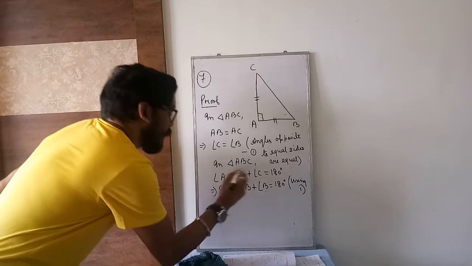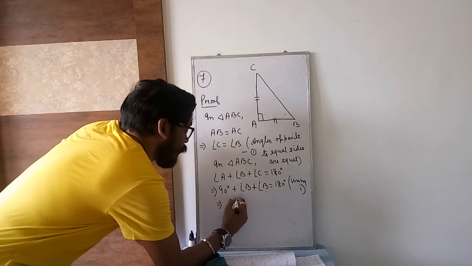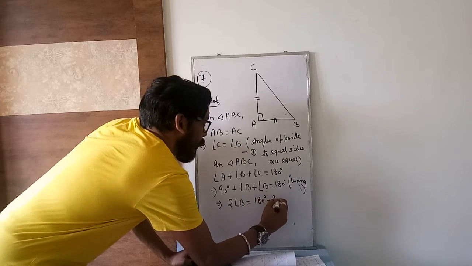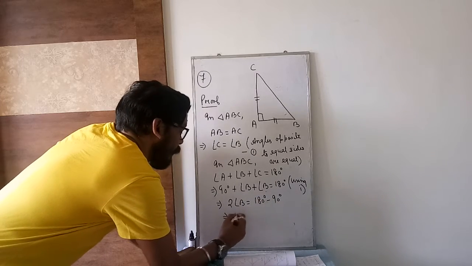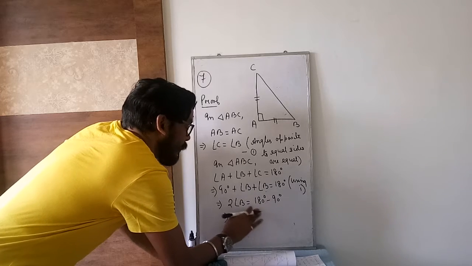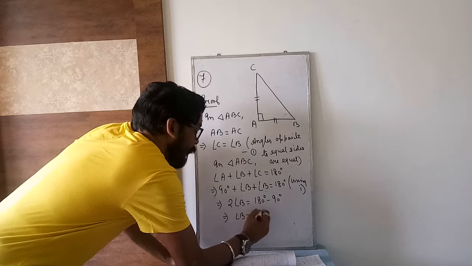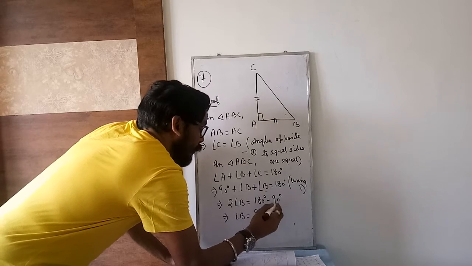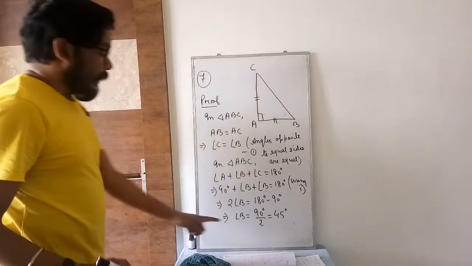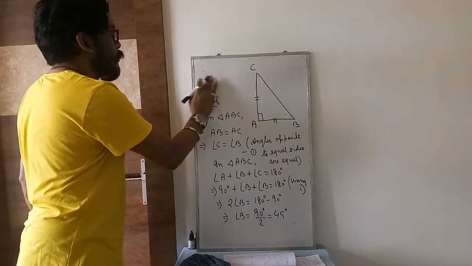Here 180 degrees, using equation 1, you shift the 90 degrees to the other side. Angle B plus angle B is twice angle B, equal to 180 degrees minus 90 degrees. So angle B equals 90 by 2, which is 45 degrees. If angle B is 45, angle C is also 45.